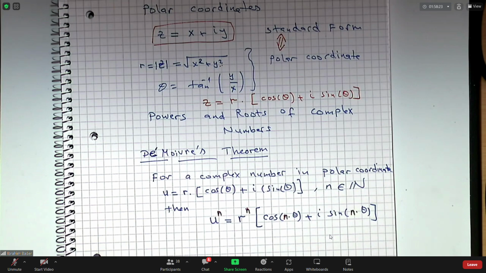Okay, how to use this very powerful theorem. Let's see an example here.